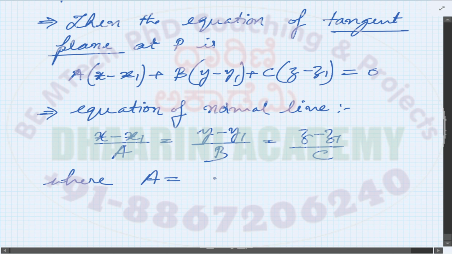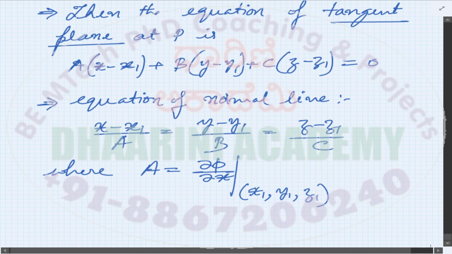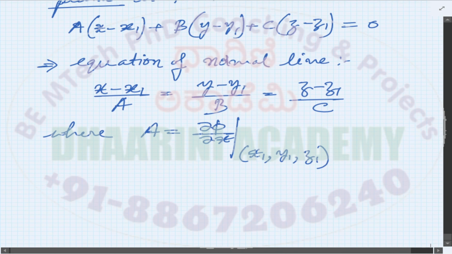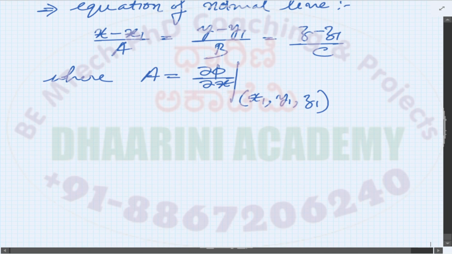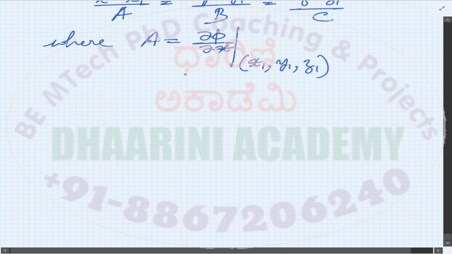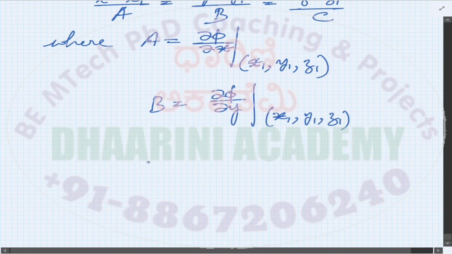So what is A? This A can be easily found. You find dou phi by dou x and substitute the value, that is, you know the value of x1 comma y1 comma z1, that simply gives you the required value of A. Similarly, B can be found by using dou phi by dou y at the same point, that is x1 comma y1 comma z1.